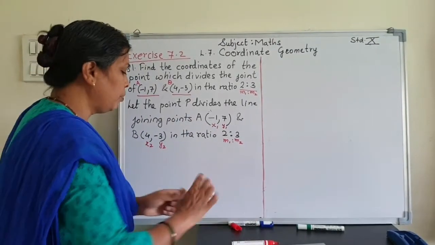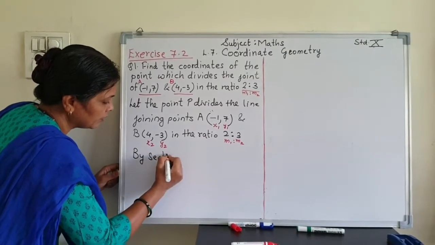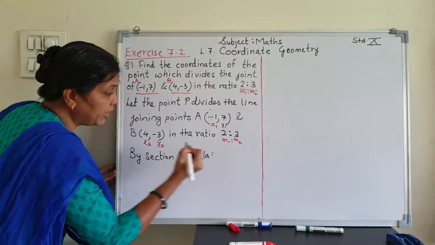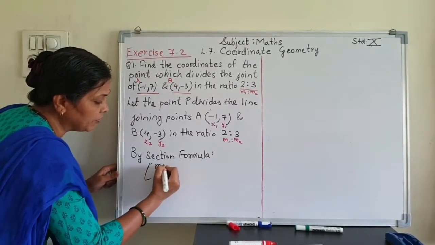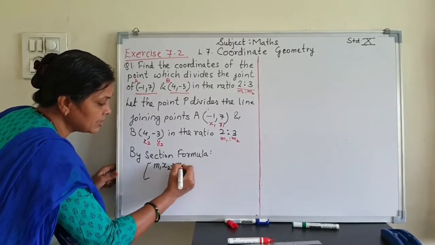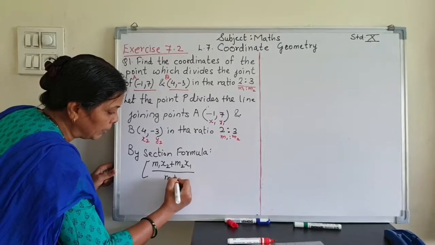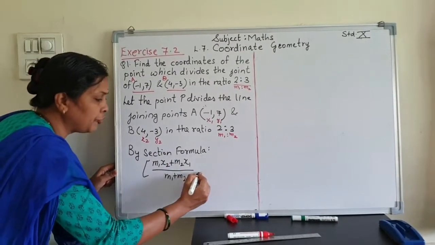Now we know by the section formula. So now you have to write this section formula. What is the section formula? The x coordinate we get by (M1x2 + M2x1) upon (M1 + M2). This is the x coordinate by the section formula.